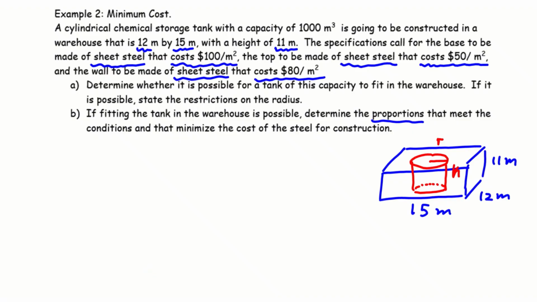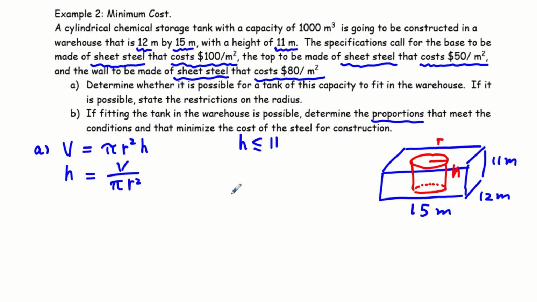So we are going to see question A. The volume is pi r squared times h for this cylinder, and the height equals V over pi r squared. So the maximum height will be less than 11 meter.